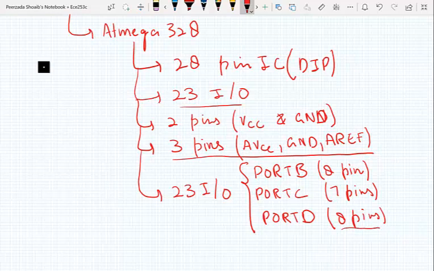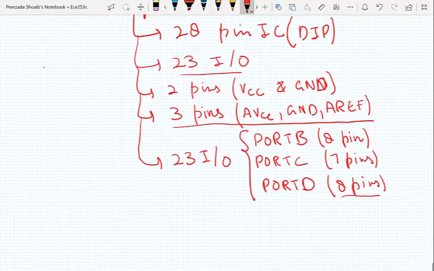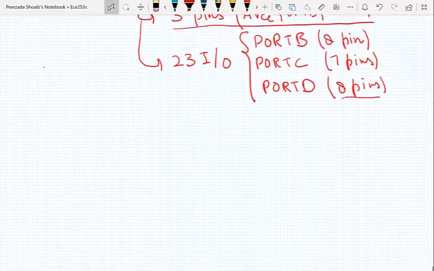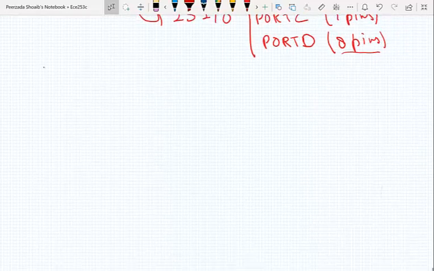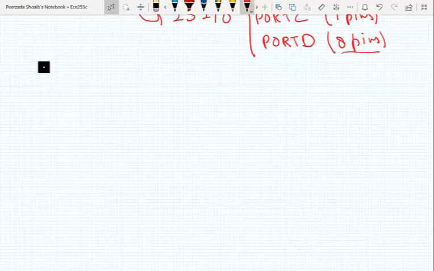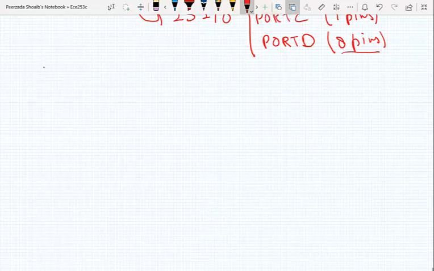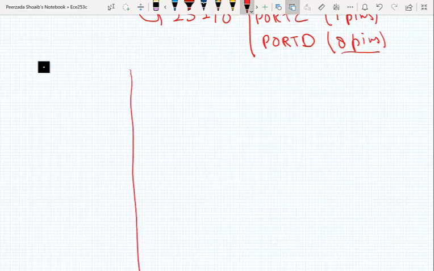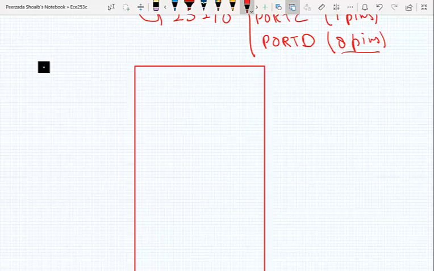So let me try to draw a pin diagram of ATmega328 microcontroller.